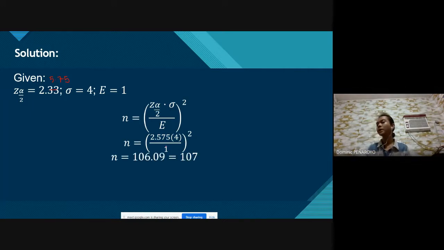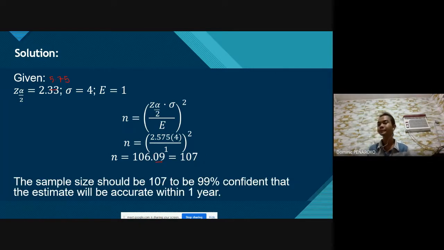So that would be, you will have your 106.09. So, sir, bakit 107? Again, since there's a decimal portion in the final answer, you need to round up. So, therefore, our final answer is 107. So the sample size should be 107 to be 99% confident that the estimate will be accurate within 1 year.